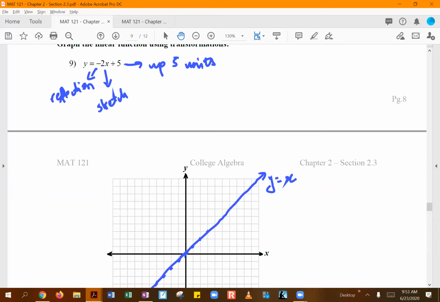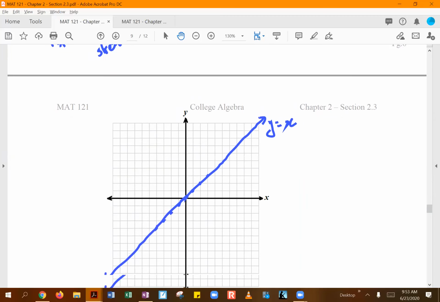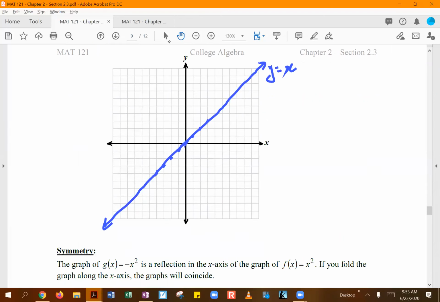Now when we graph this function y equals negative 2x plus 5, that's telling us the y-intercept is at positive 5, so right here, and then you've got a slope of negative 2, which means you go down 2, right 1, down 2, right 1. Or you can go up 2, left 1, up 2, and left 1. And you can see this is kind of what this line will end up looking like.